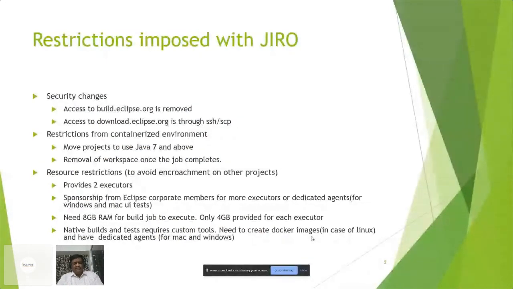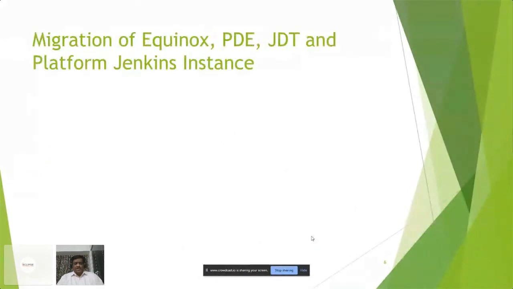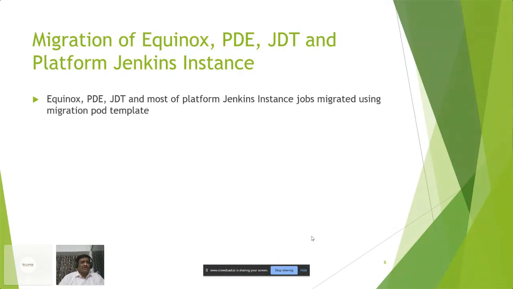Native builds and tests. Similarly, for the native builds for Linux, we can create our own Docker images and use them. In the case of Windows and Mac, we need dedicated agents. For the migration of Equinox and Gerrit verification jobs, we migrated using the migration pod template, which is created by the Foundation.